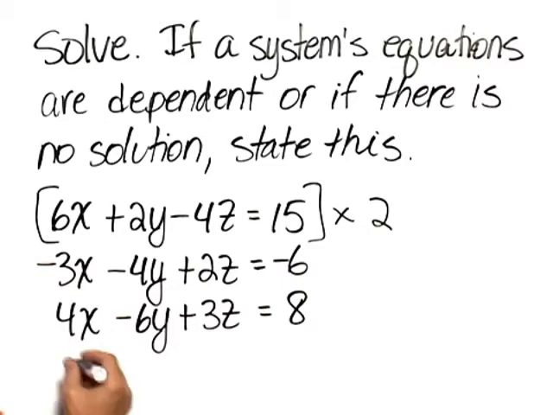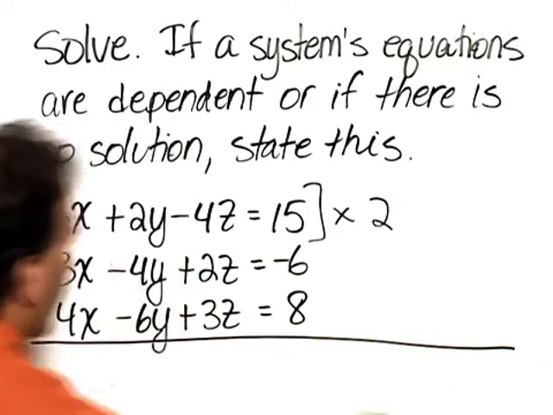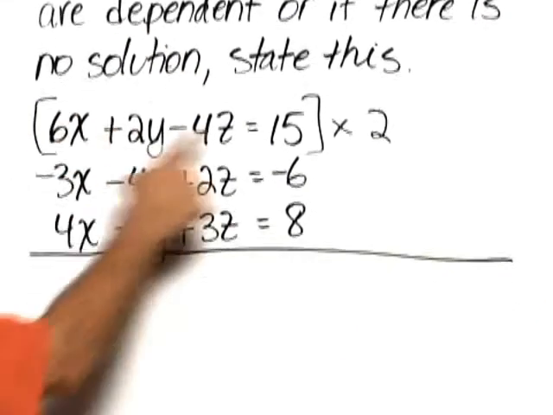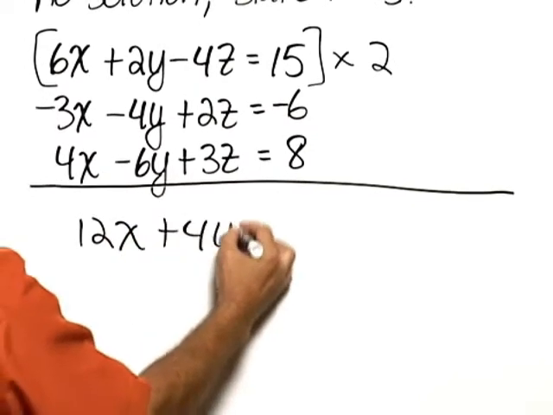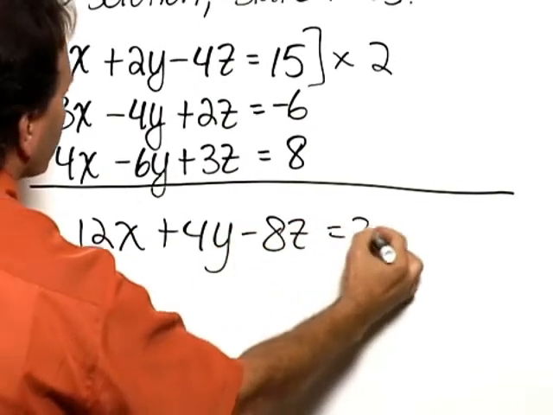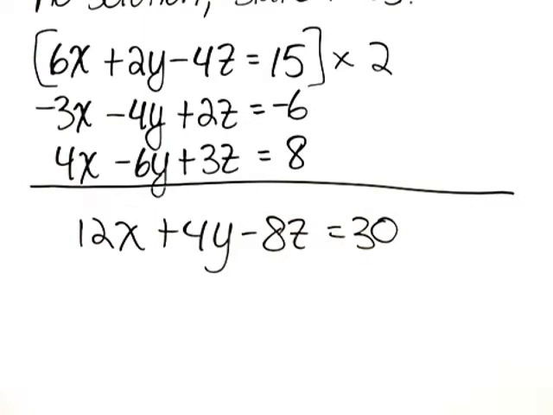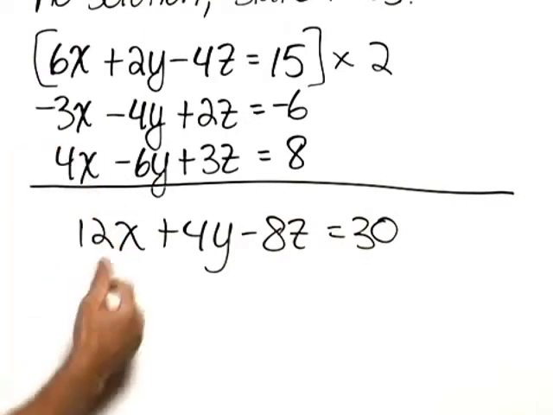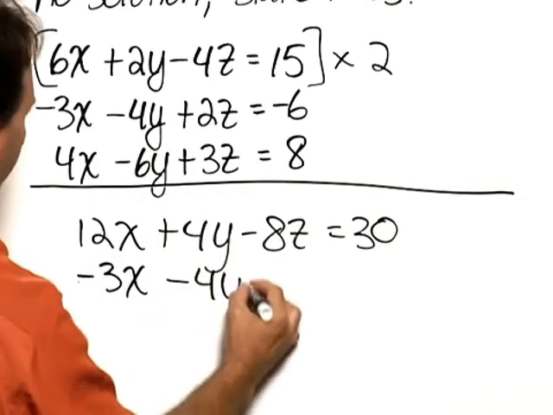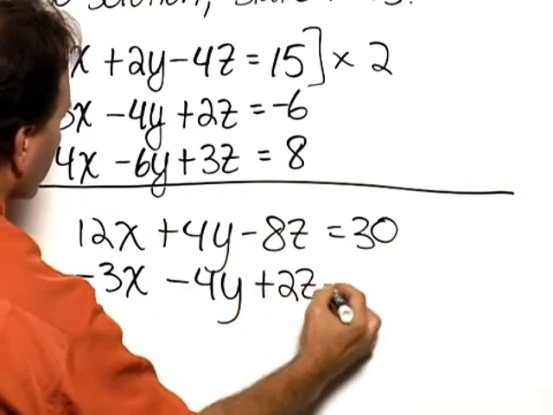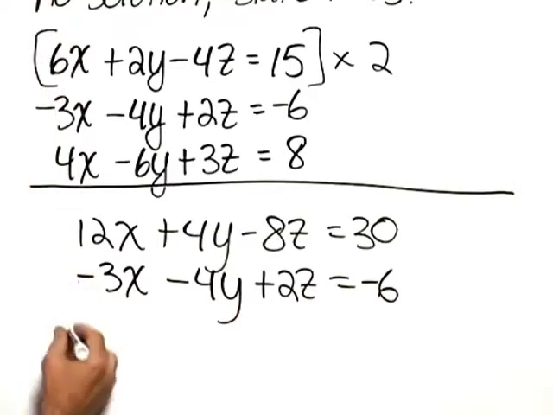So let me draw a line so as not to confuse things. Let me take the result of multiplying by 2, 12x plus 4y minus 8z equals 30. Then I will write this equation as is, negative 3x minus 4y plus 2z equals negative 6.